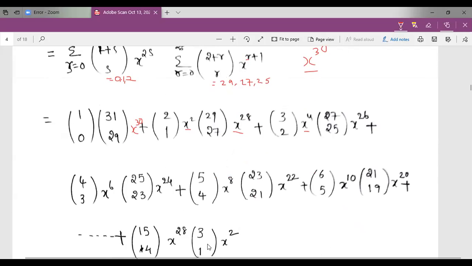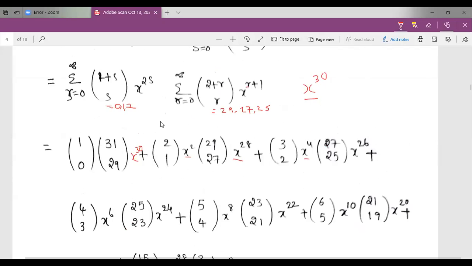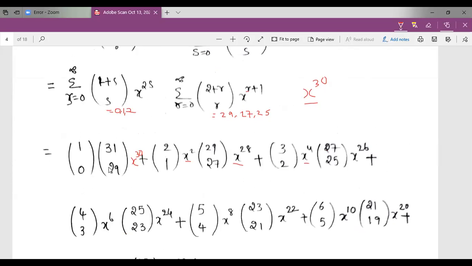So plus and so on up to s is equal to 4. We get x power 28 and r is equal to 1. So 3C1, x square. So in the total expansion, we give the values for s and r. We get the coefficient of x power 30.